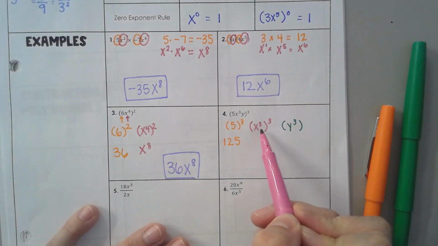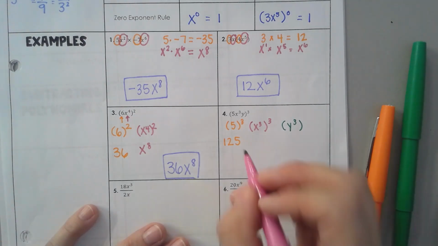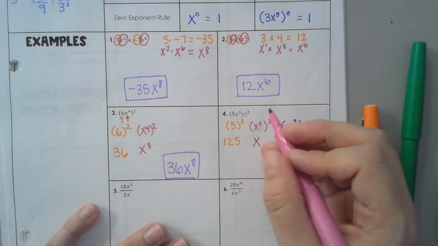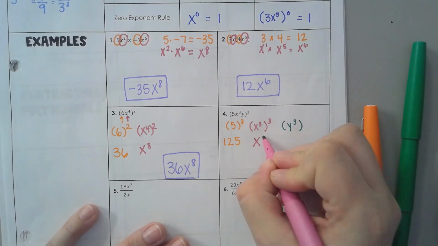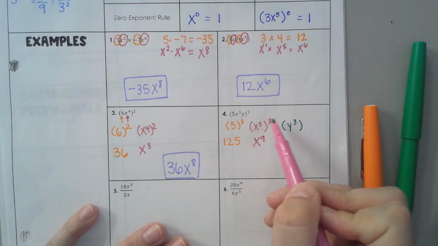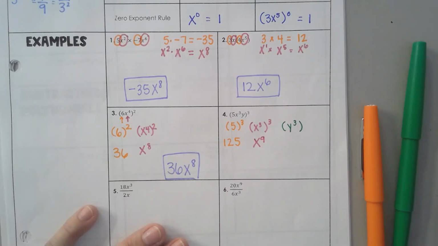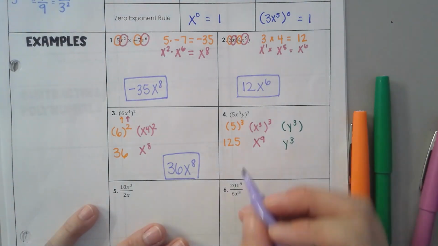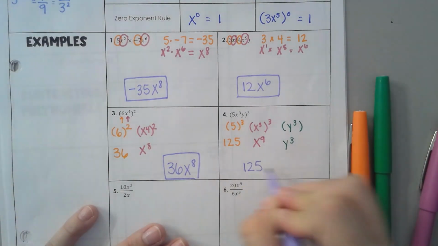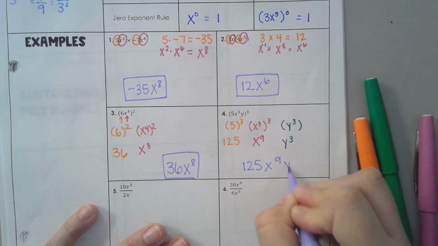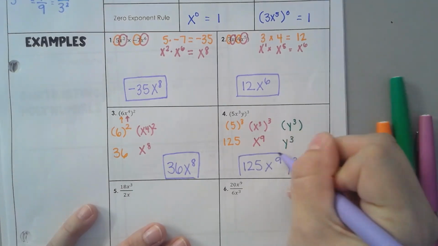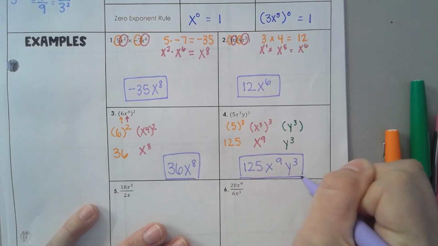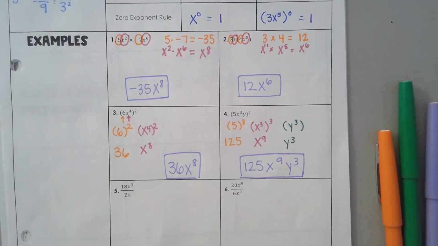X cubed to the 3rd is x to the 9th. Remember, when you have exponent to exponent, you multiply those. So x to the 9th, and then it's just y cubed. So 125x to the 9th y cubed. Any questions?